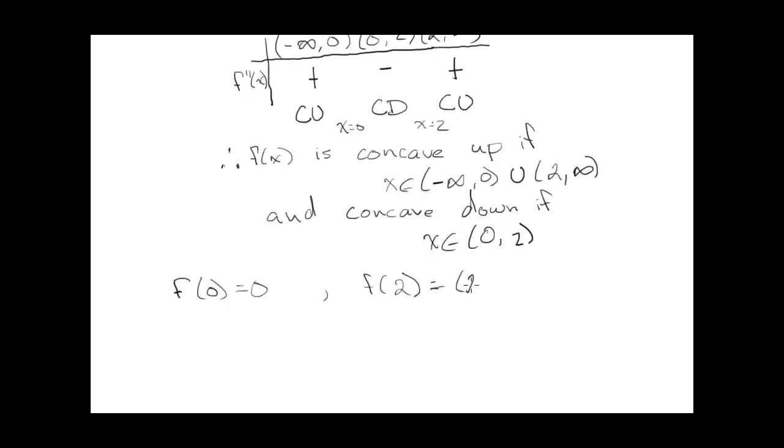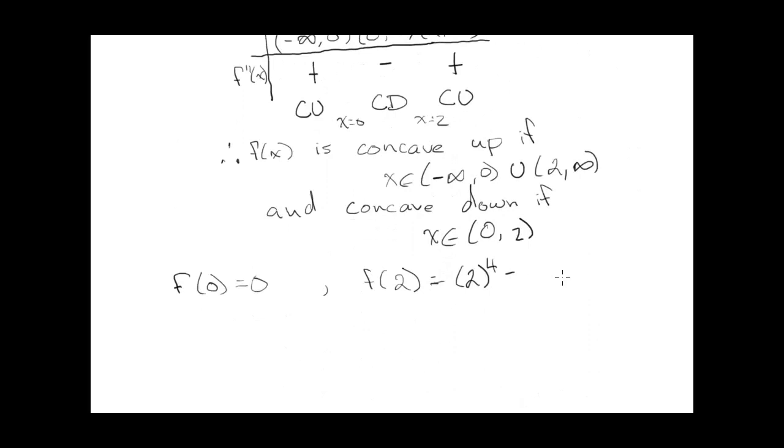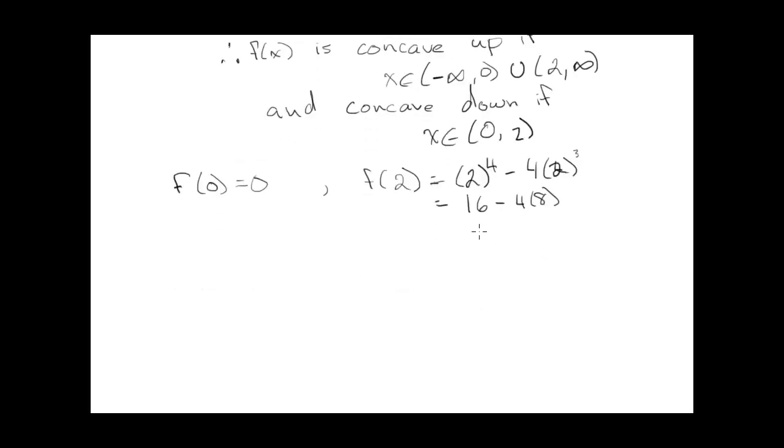Remember, it was x to the power of 4 minus 4 times x to the power of 3, so that's 2 to the power of 4 minus 4 times 2 to the power of 3, so you'd have 16 minus 4 times 8, which would be 16 minus 32, which would be minus 16.